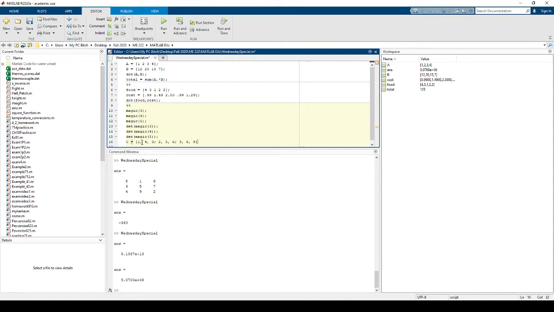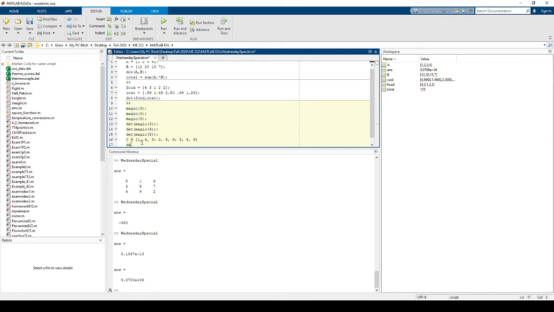So there is our matrix, and then I want to do the determinant of C. It says C is 1, 4, 3, 2, 5, 6, 3, 6, 9, and you get... Dude, something about that seems so weird.